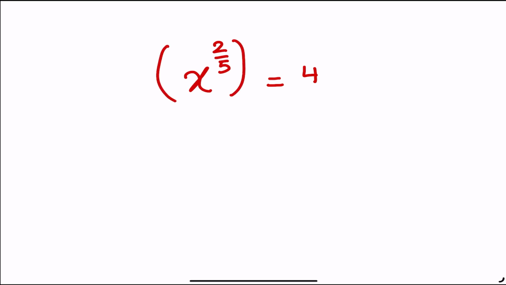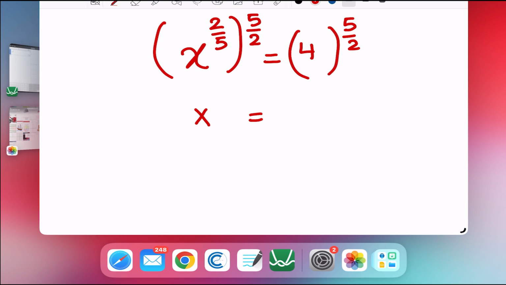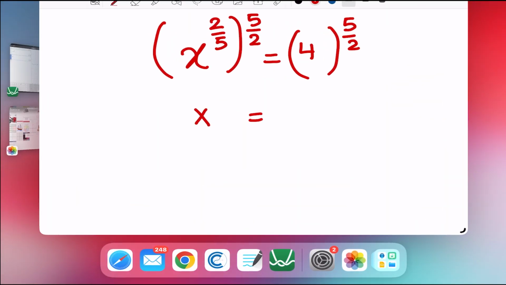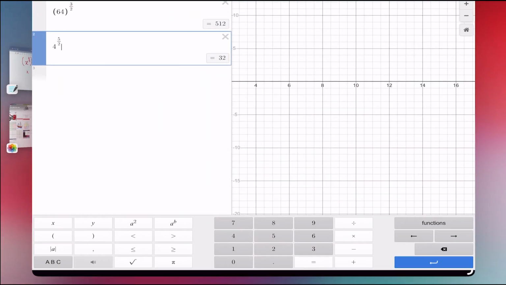What is the reciprocal of 2/5? 5/2. Raise this to the power 5/2. This by default is going to be x. And you go back to your handy dandy Desmos: 4 raised to the power 5/2, and your answer is 32. Again, make sure you check that in your Desmos.